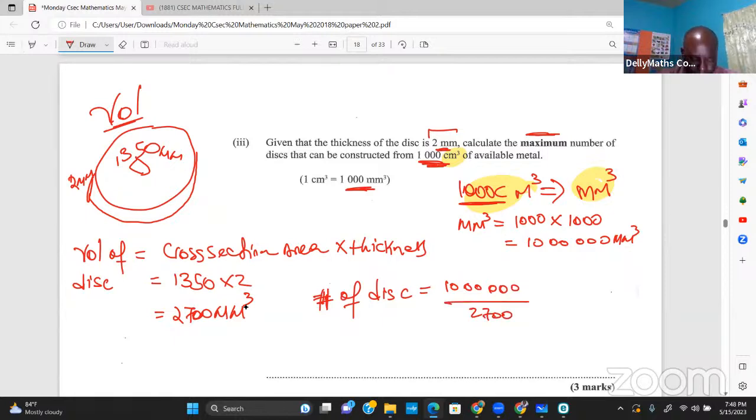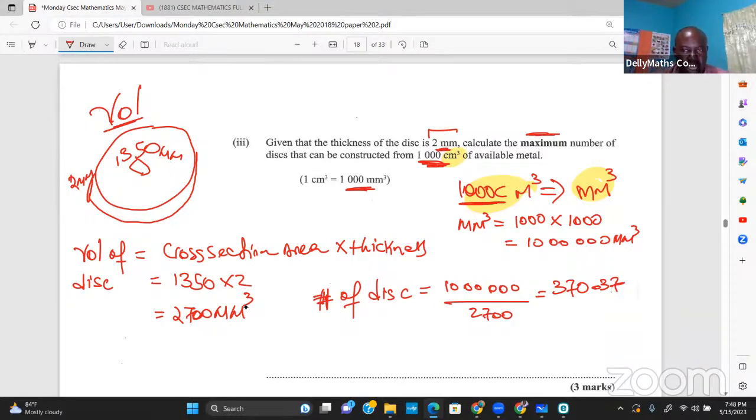We could do that. And I'm getting a value of 370.37.